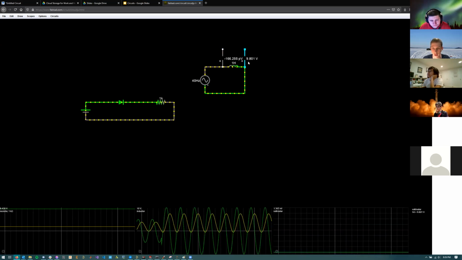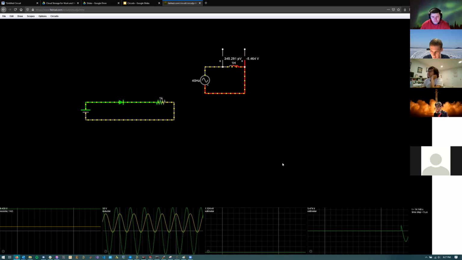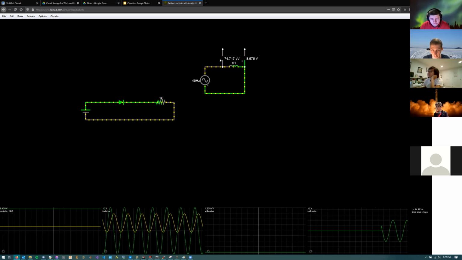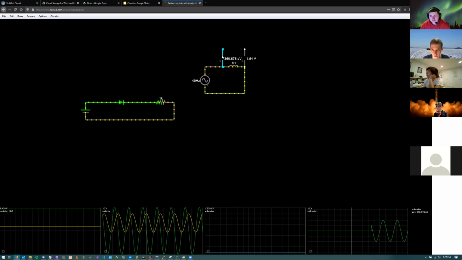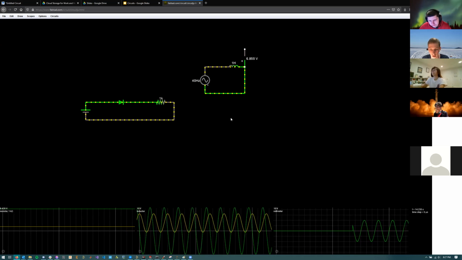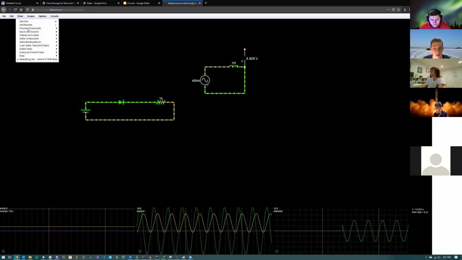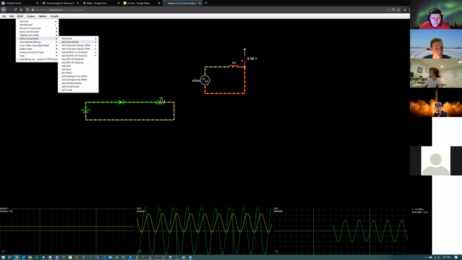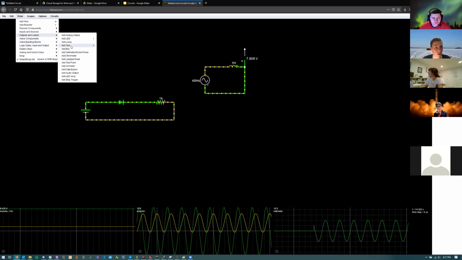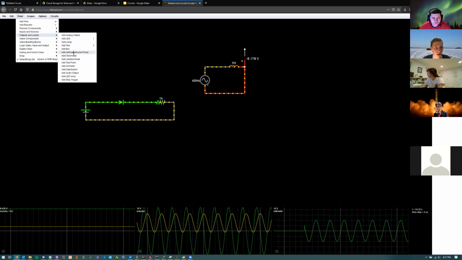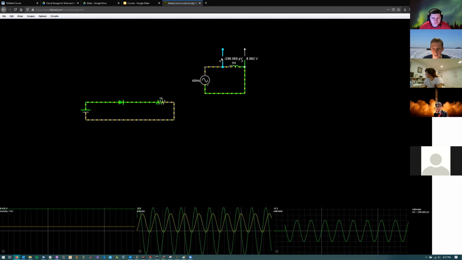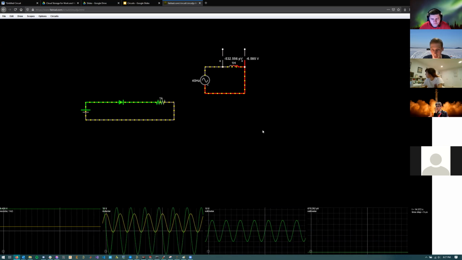Scope, view and scope. Yeah, that looks right, Ben. Oh, wait, hold on. I'll put some labels. Okay, add voltmeter and scope probe.